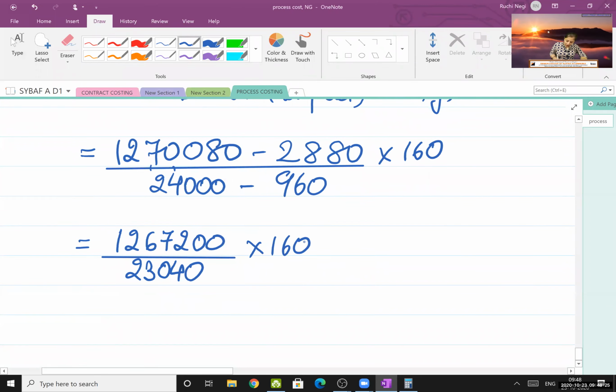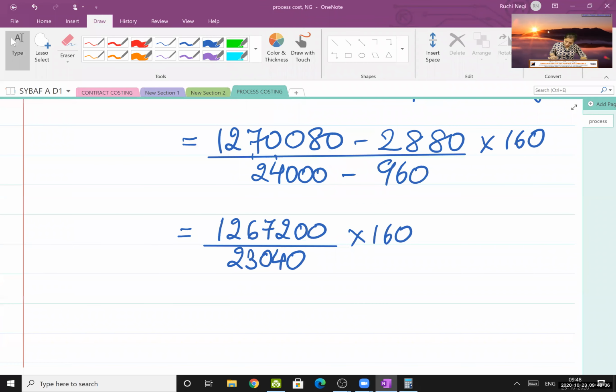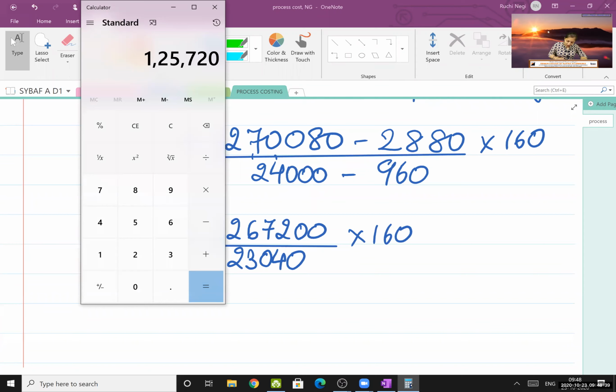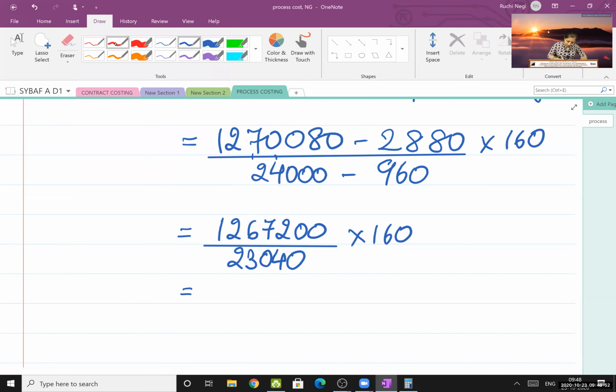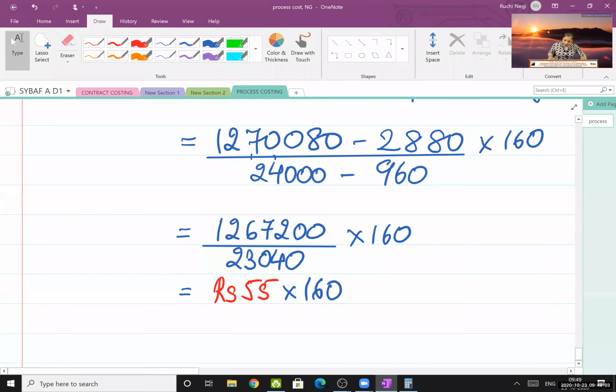Multiplied with 160. एक बार इसको solve करके देखो. 12,67,200 divide by 23,040. 55 रुपीज आ रहा है. ठीक है, so don't forget ये आपका सीपीयू होना चाहिए. 55 multiplied with 160, okay, so 55 multiplied with 160 is how much? 8,800.